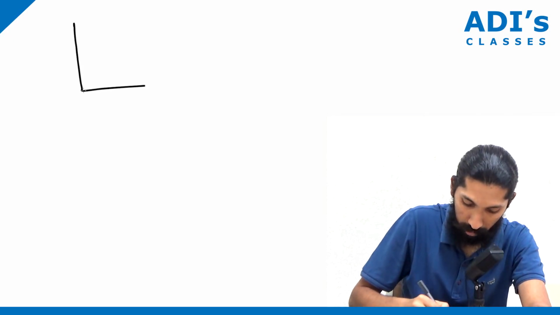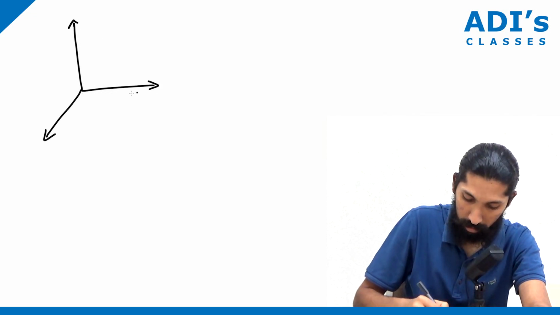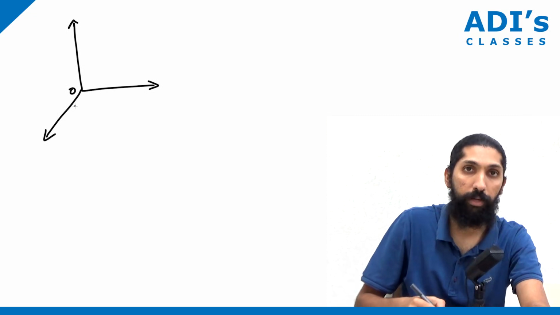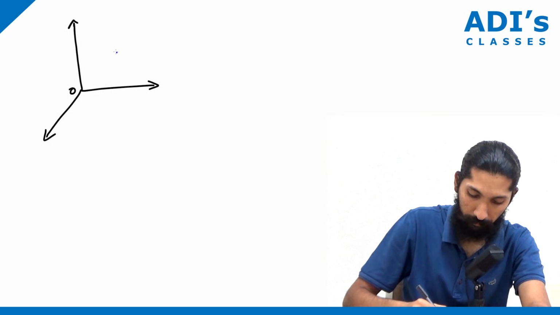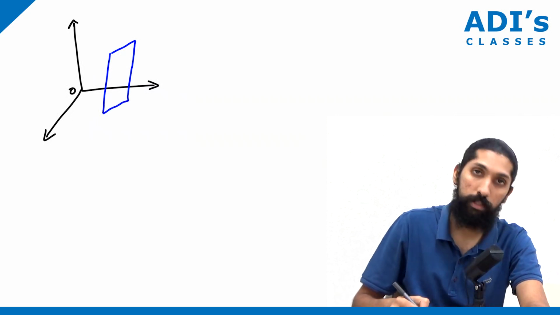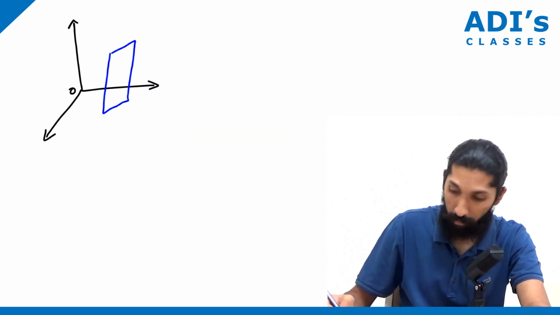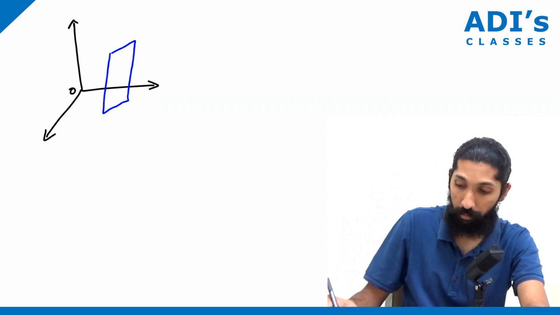In this case, again, we are going to start with the axis, and we are going to have some plane here. Now this is a plane. First, we'll take some arbitrary point on it.